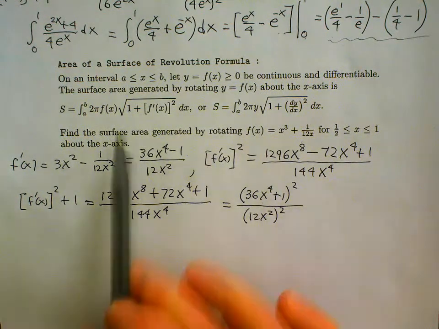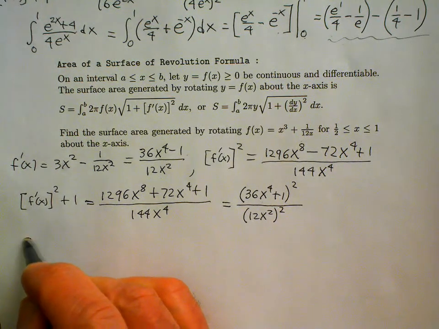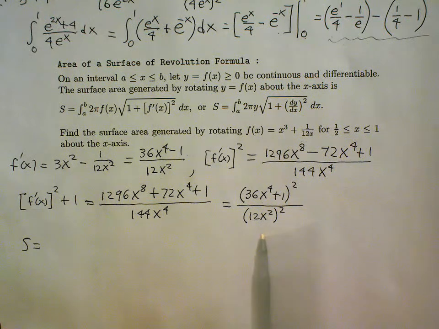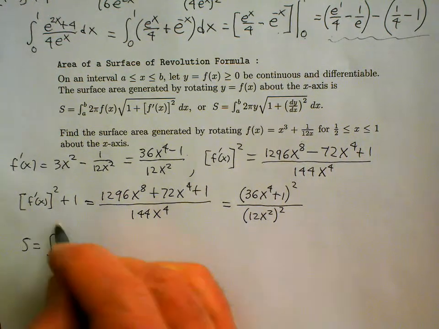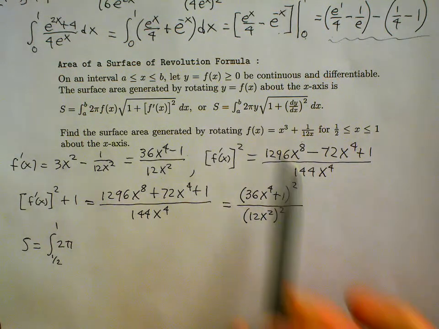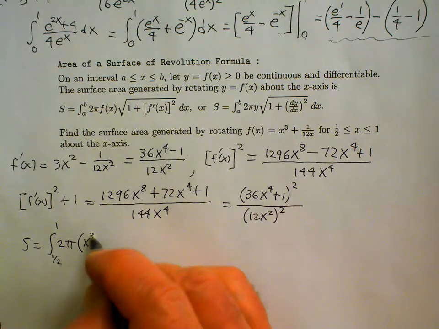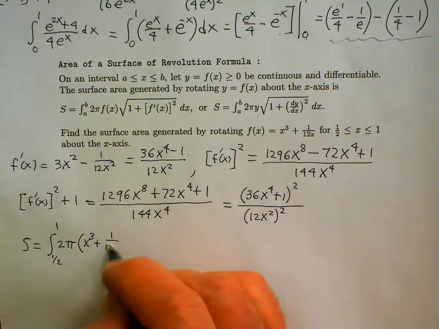Okay, now we can use the formula for the surface area. The interval is from x equals 1/2 to 1. And then 2 pi times f of x. f of x is x to the third plus 1 over 12x.